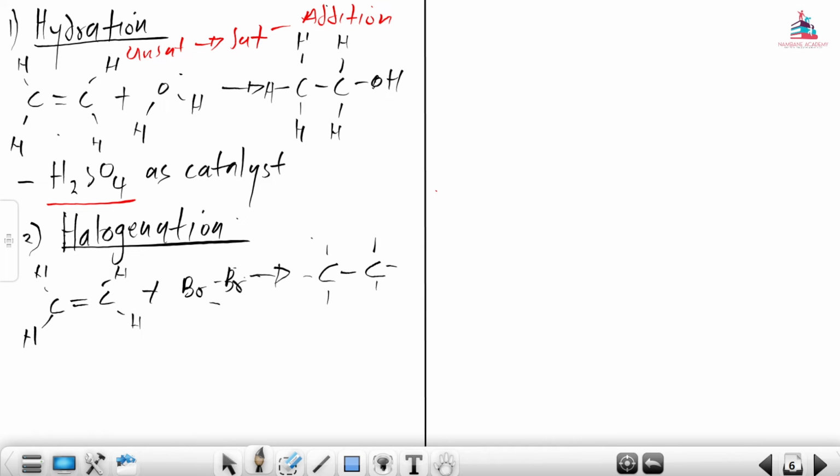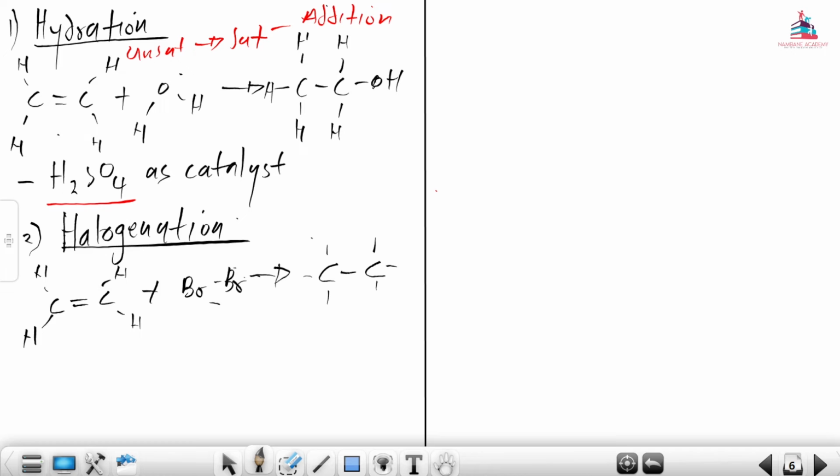Because from the definition, addition reaction is the breaking down of a double bond to a single bond.